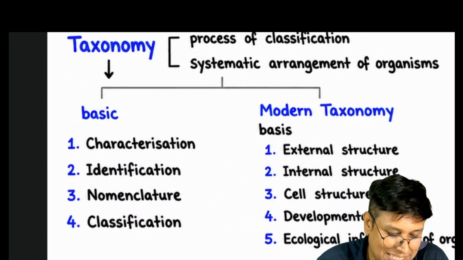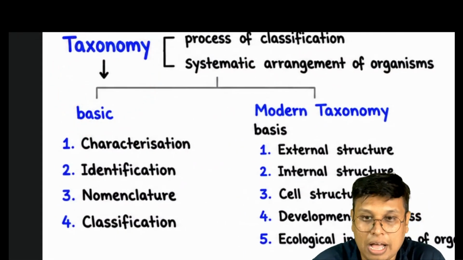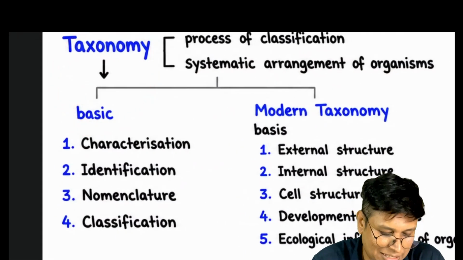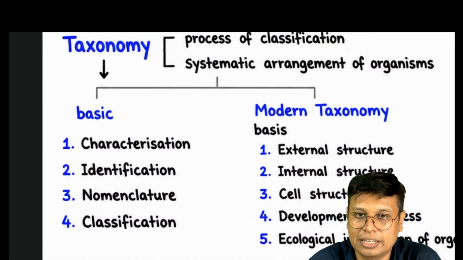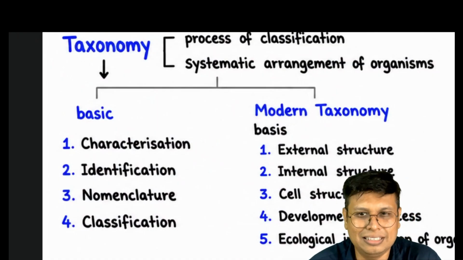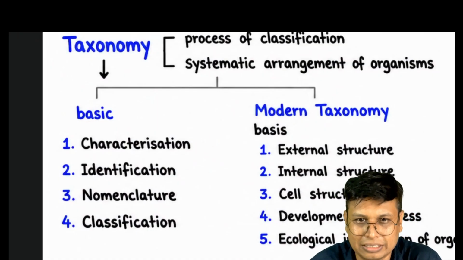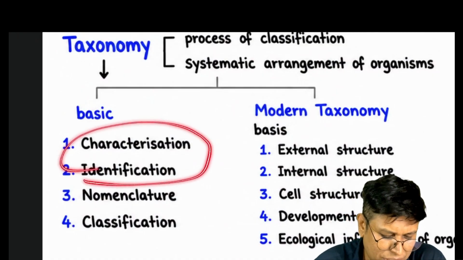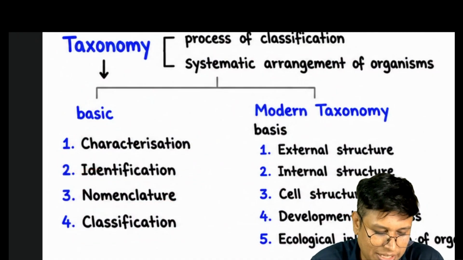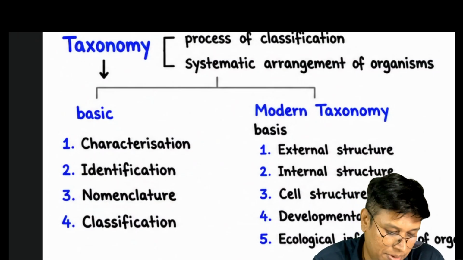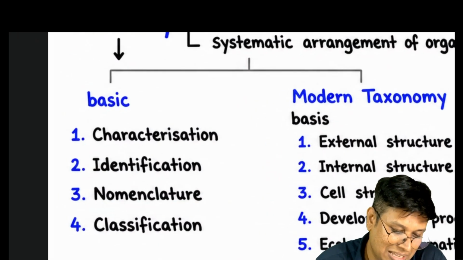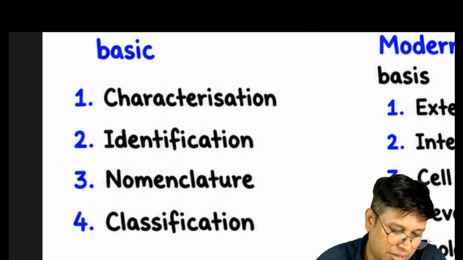So what is the basis of taxonomy? Taxonomy considers characterization based on easily observable characters, then identification, nomenclature and classification. If you want to remember the sequence, very easily you can remember it.